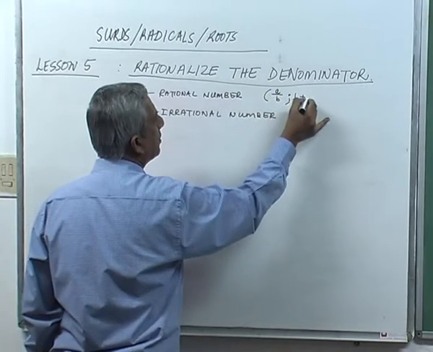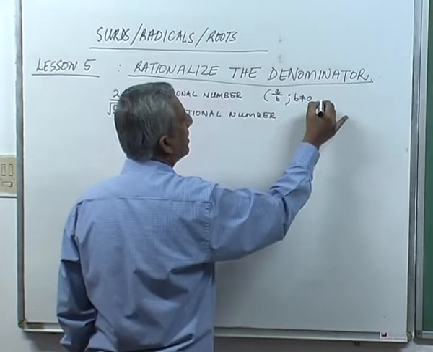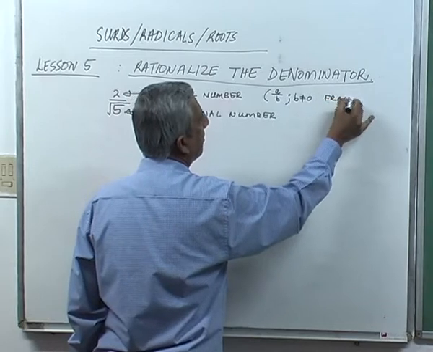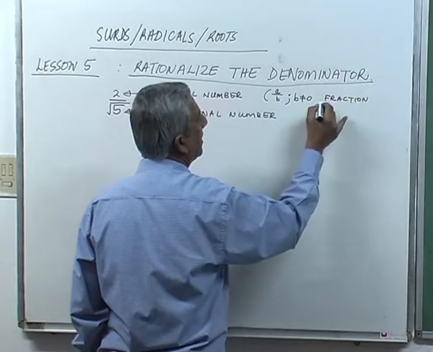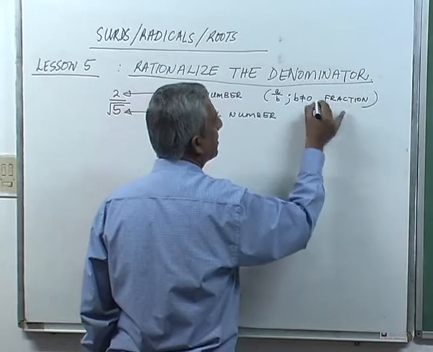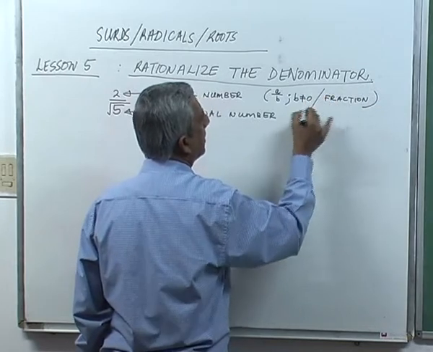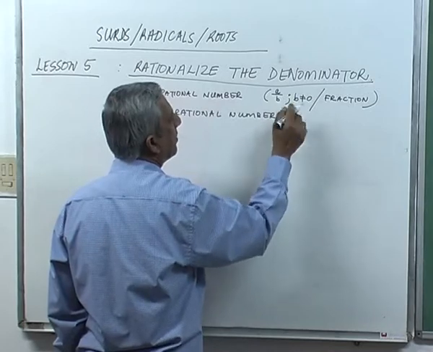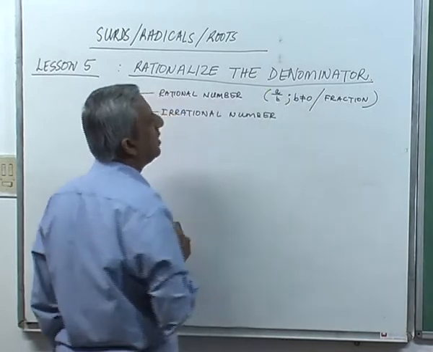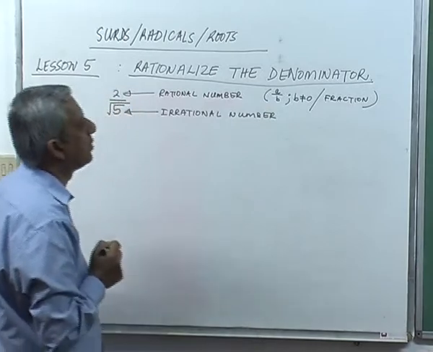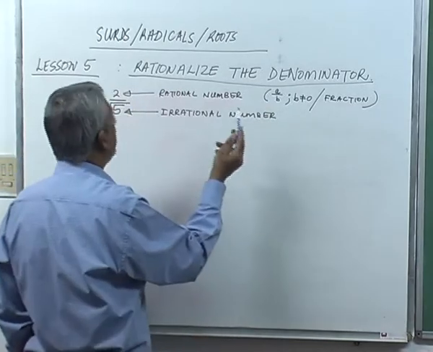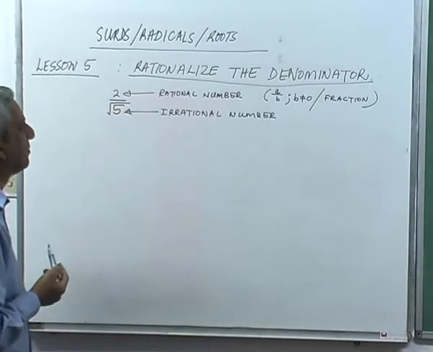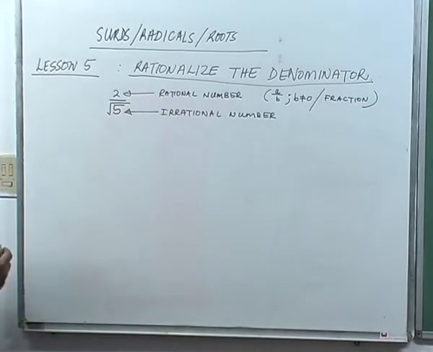B is not equal to 0. In other words, it can be written as a fraction. Right? So it's a over b, and b is not equal to 0, and these are any 2 integers. Or to put it simply, a rational number is a number which can be written as a common fraction. For example, 2 is 2 over 1.